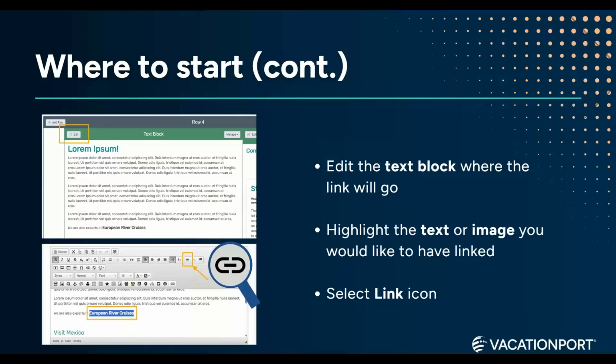From here, you will select Edit, right here, to the text block where you want your link to go. And then you'll highlight either some text. So I've got an example, the text that you want to be clickable, or you can even highlight an image if you want the image to be clickable.